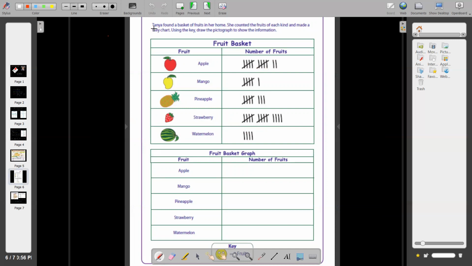The question says, Tanya found a basket of fruits in her home. She counted the fruits of each kind and made a tally chart using the key. Draw a pictograph. You will draw a pictograph in this exercise.